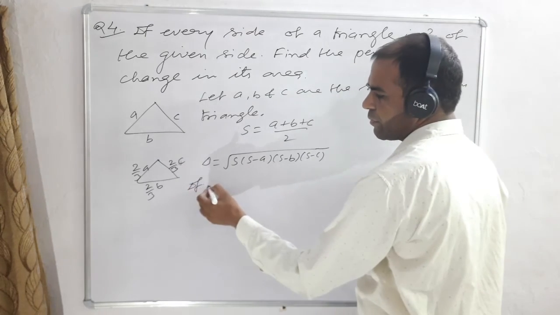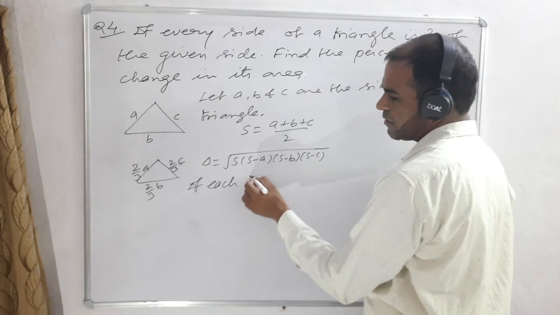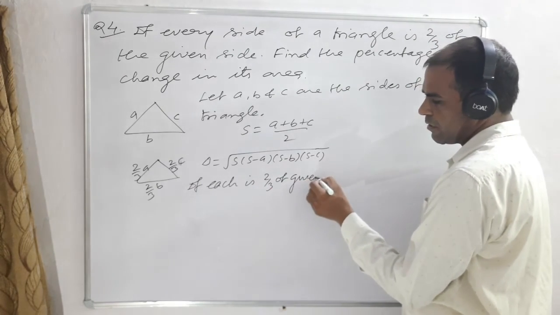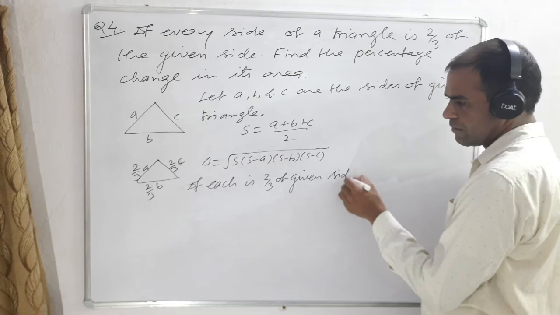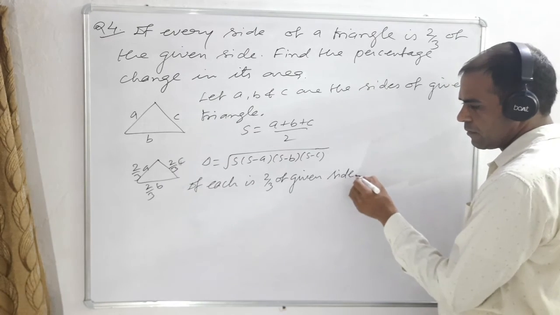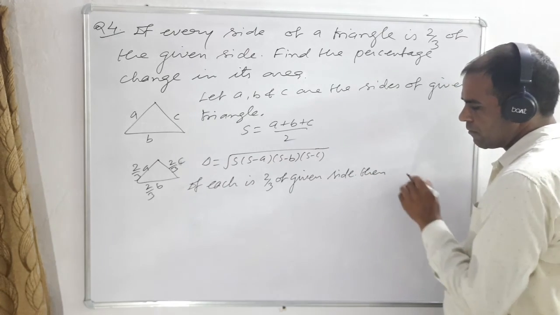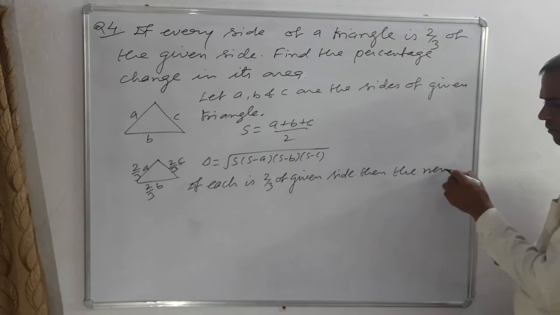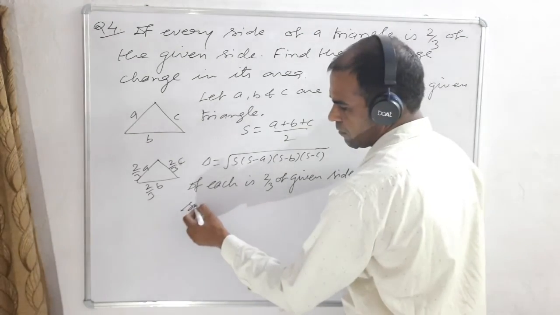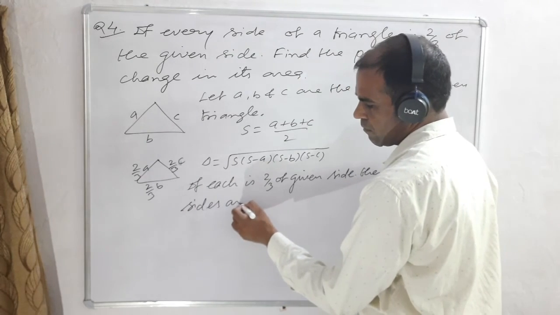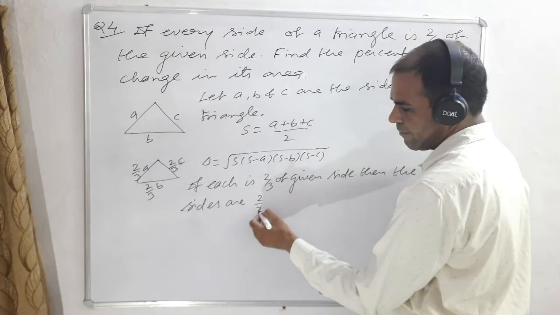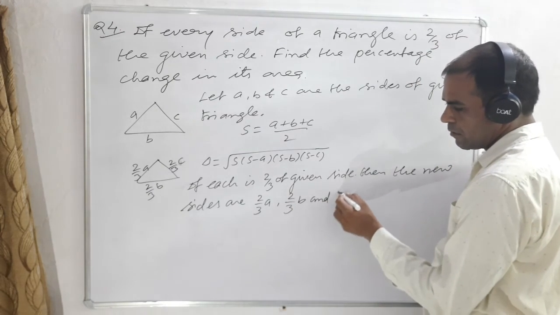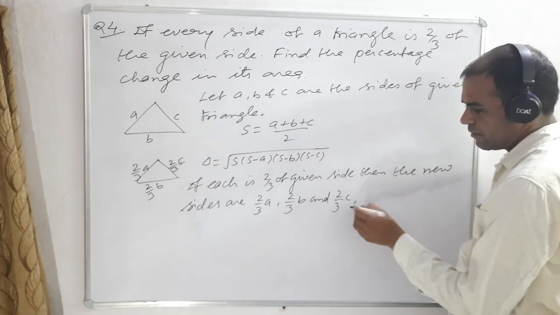Again, if each side is 2 by 3 of the given sides, then the new sides are 2 by 3A, 2 by 3B and 2 by 3C.